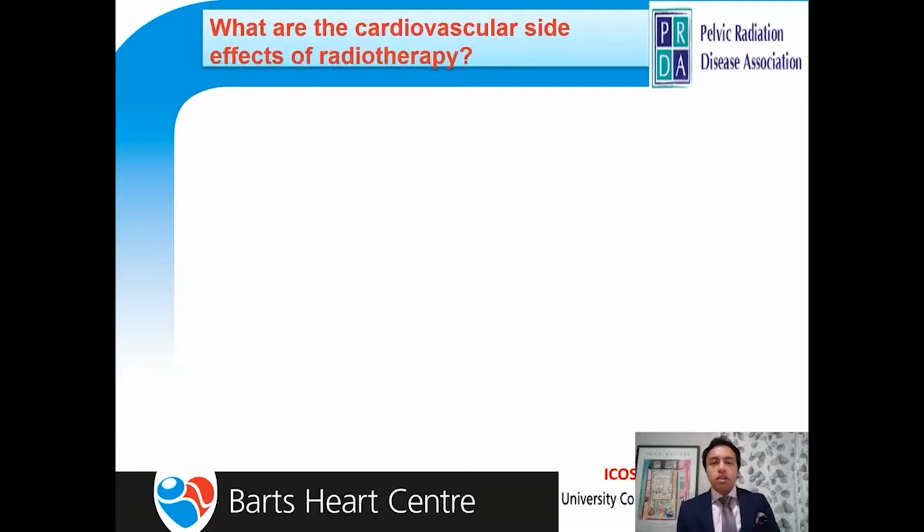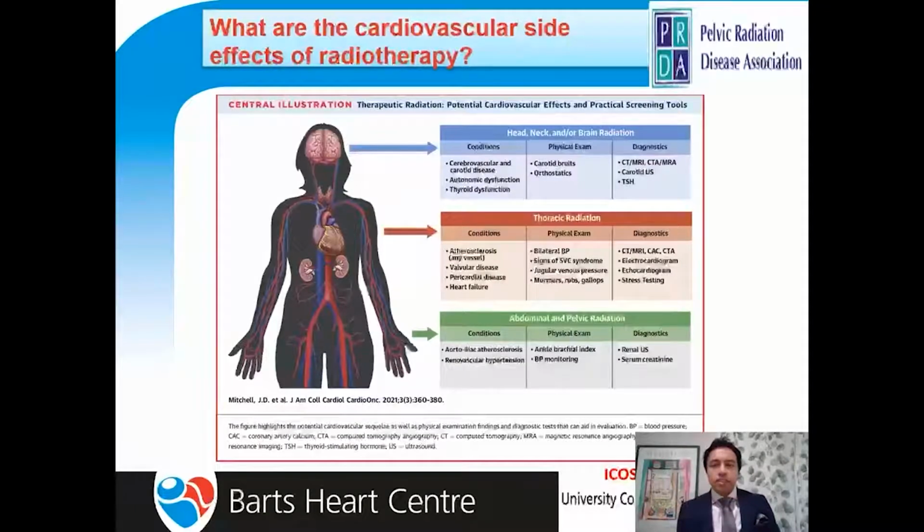So what are the cardiovascular side effects of radiotherapy? This is a very nice reference article that I will be mentioning a few times, the International Cardio-Oncology Society guideline on radiotherapy and its cardiac side effects.